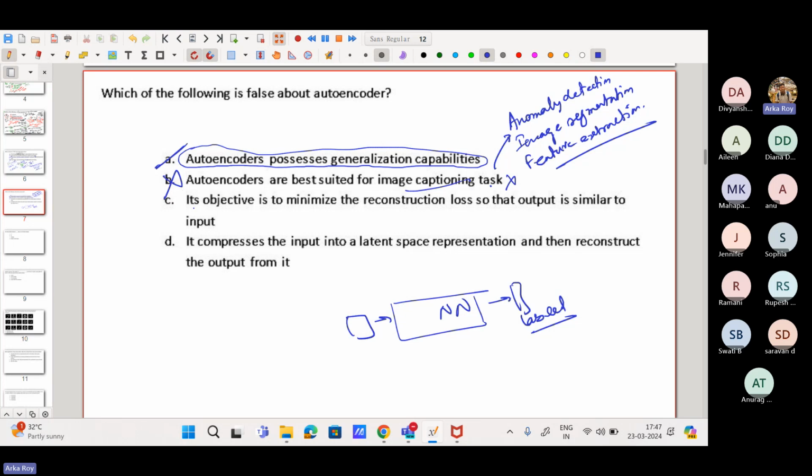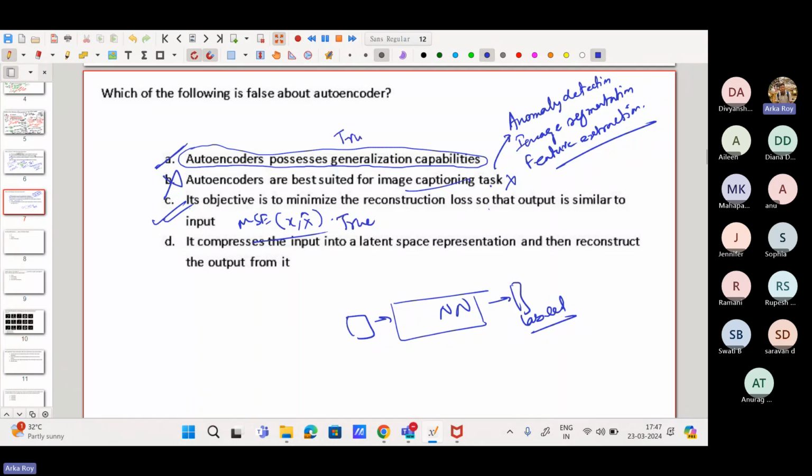Option C is its objective is to minimize the reconstruction loss so that the output is similar to the input. We have already seen this: the MSE between x and x hat means that your reconstruction output should be as similar as possible to the input. So this is true.